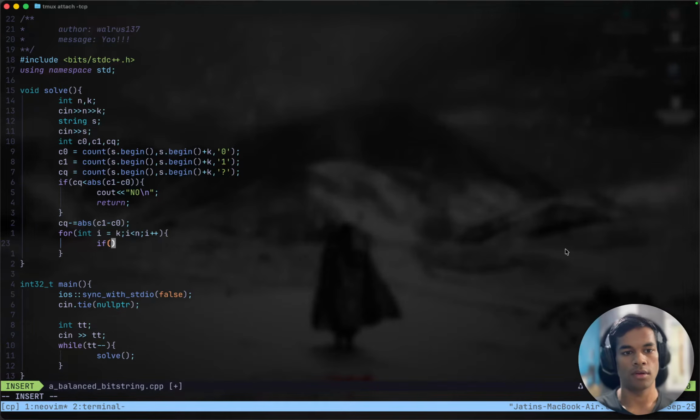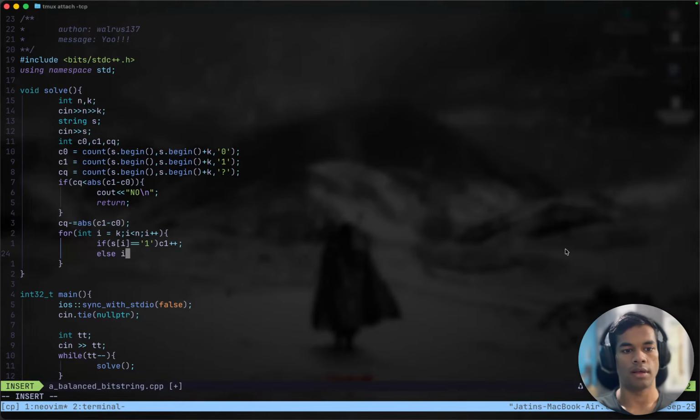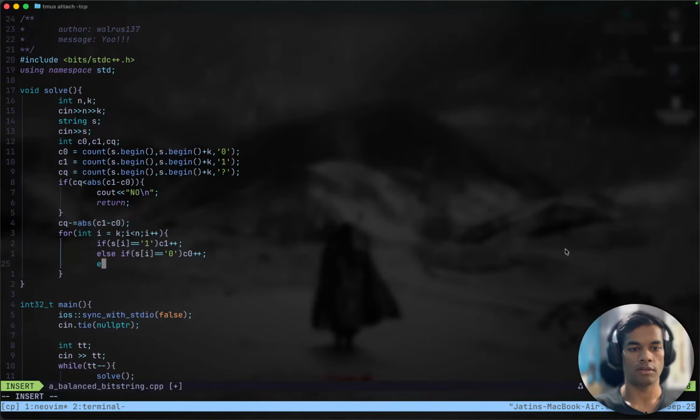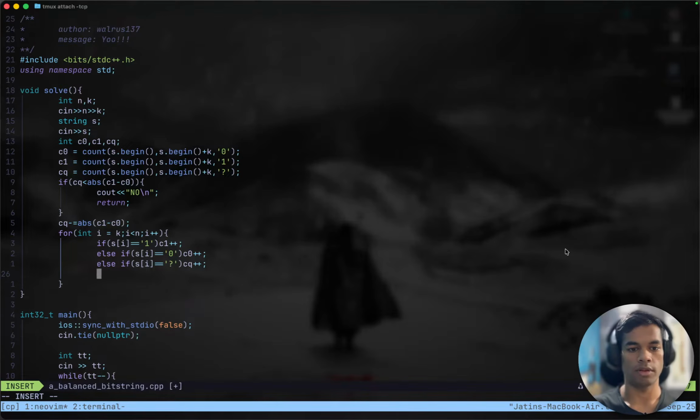So if s[i] equals 1, then c1 plus plus, else if s[i] equals 0, c0 plus plus, else if s[i] equals question mark, cq plus plus, and so update the current one and also update according to the last one.